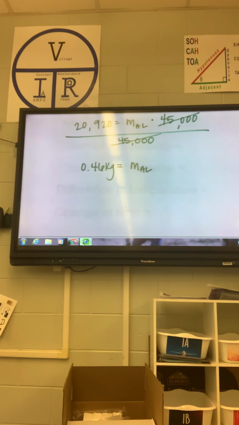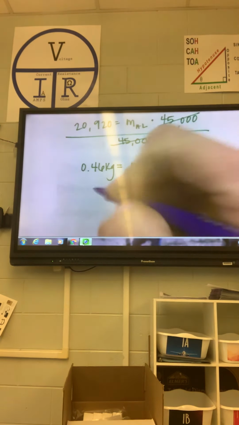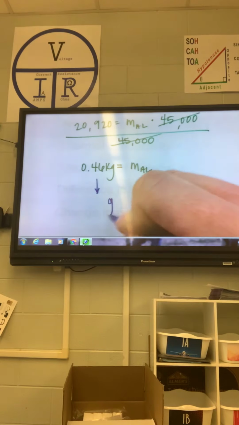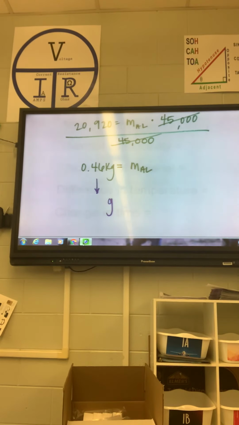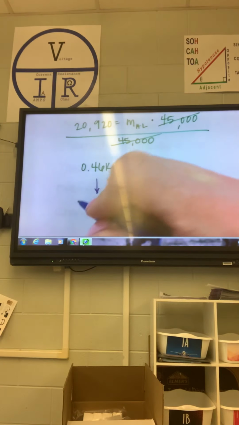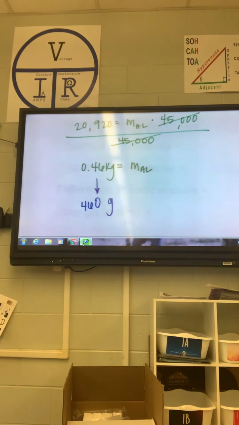So it kind of makes sense now why the equilibrium temperature was what it was. Just for fun, what is this in grams? 460.